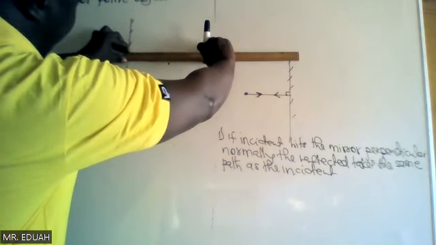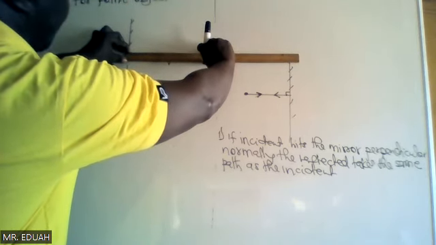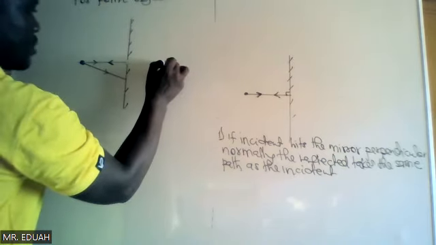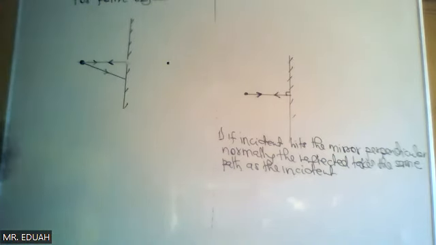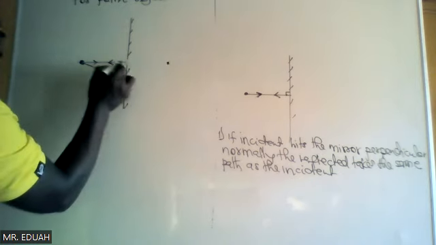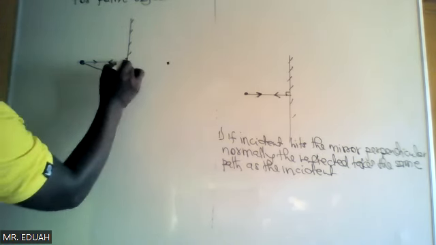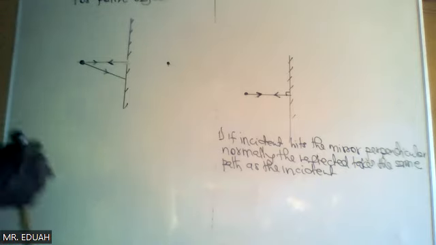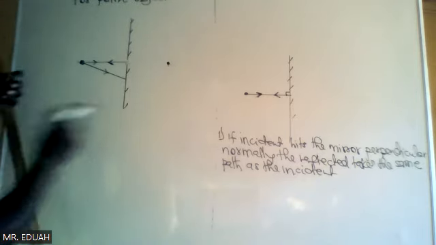I measure the same 13.5 centimeters at the other end. Okay, so ideally this is where the image must be, because object distance is equal to image distance. So this is the incident ray.